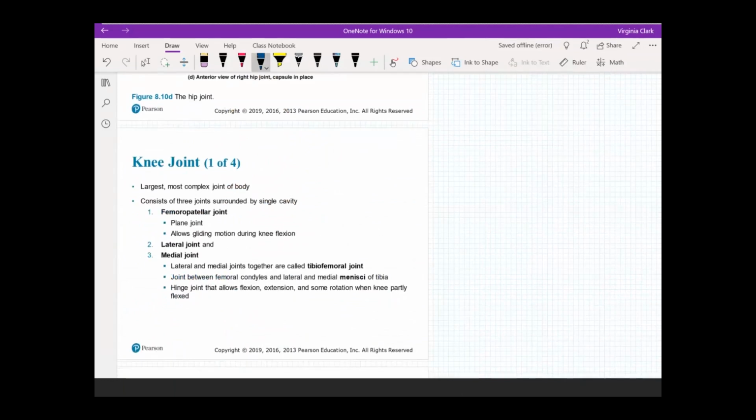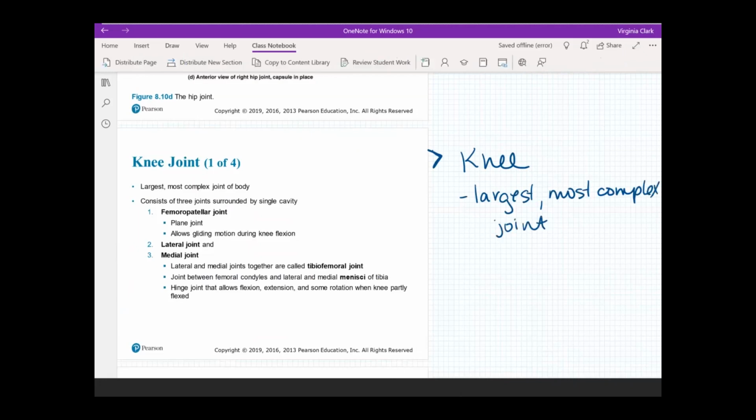And then the last one we're going to talk about is going to be the knee. And the knee is going to actually be the largest joint and the most complex joint in the entire body. I would have said hip thinking about it, but it is actually going to be the knee. The knee is the largest and most complex joint we have in the body.